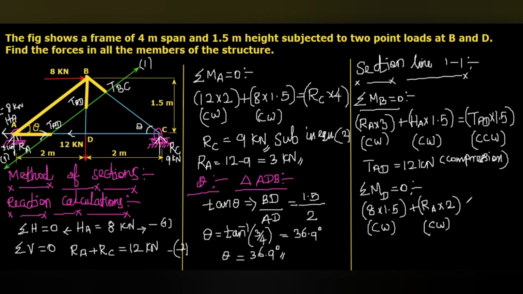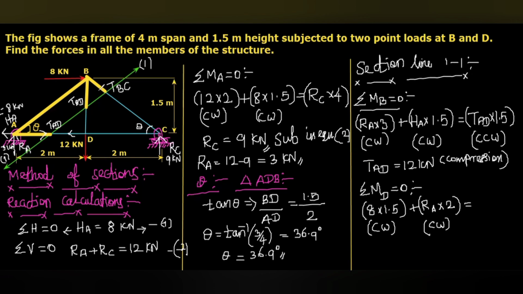So the moment made by the remaining force, that is the inclined force TBC, should be in counterclockwise to balance this moment. Here you can see TBC is an inclined force. There are two possibilities.